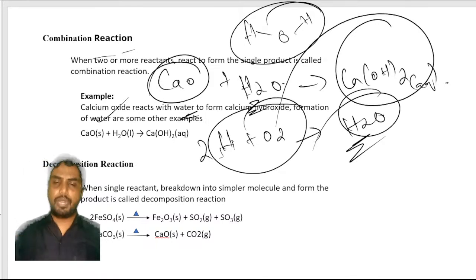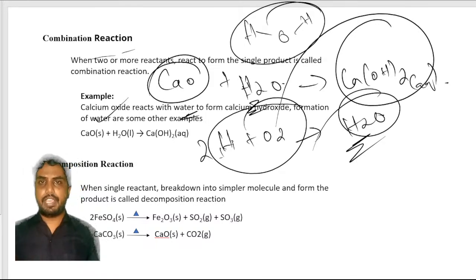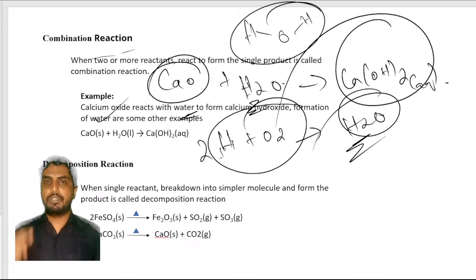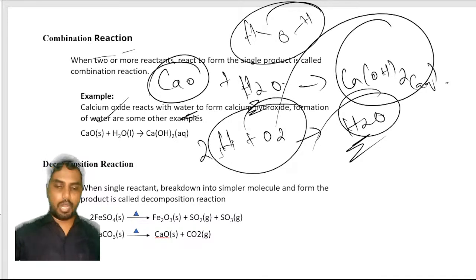You need to remember what a combination reaction means: two molecules react with each other and produce a single resultant as a product. Here two hydrogens with one oxygen produce water, a single product.